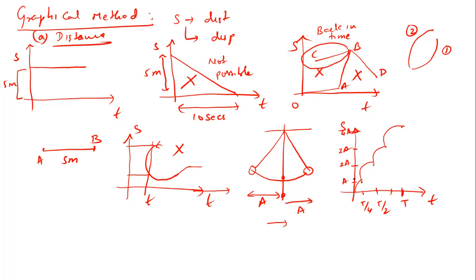When I say velocity, in an s-t plot, the gradient of it will give you the velocity. If I have a curve like this, the gradient of the slope will be this line. This line, the slope will be 0, which means the velocity at this point is 0, which is not possible.